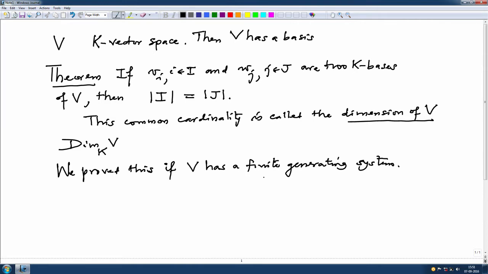Note that in that case we have noted that every basis is finite. Therefore, I is finite, J is finite, and further we have proved the exchange theorem and thereby proved their cardinalities are equal, and that is the dimension in the case of a finite generating system.